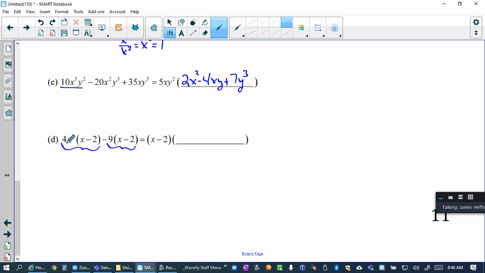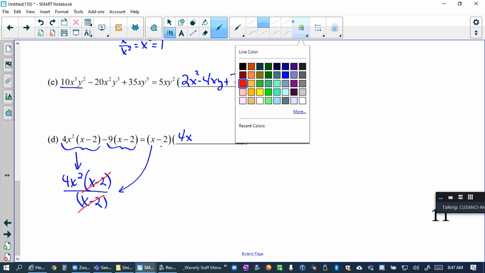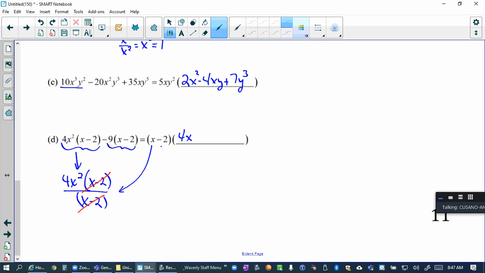What's 4x squared times x minus 2 divided by x minus 2? 4x to the third. No, not to the third. Let me take this term here. 4x squared times x minus 2, divided by x minus 2. 4x to the second, so the 4x squared stays, right?